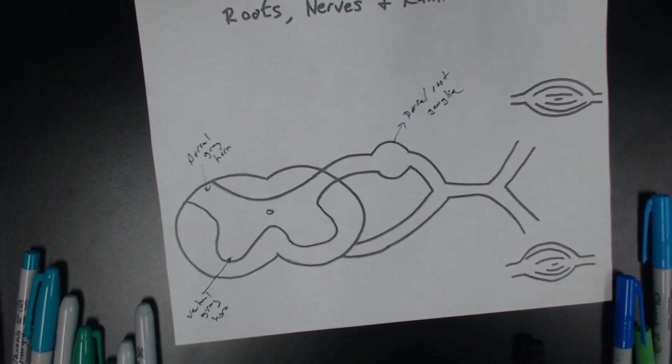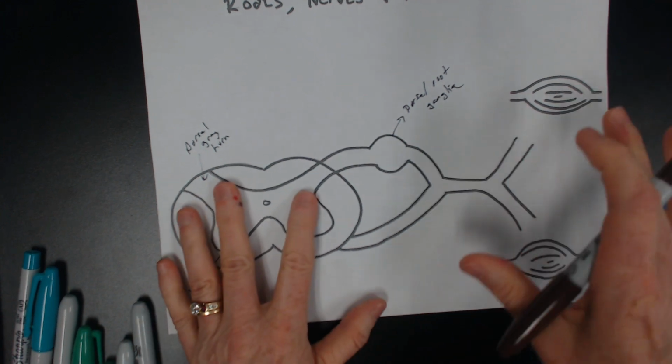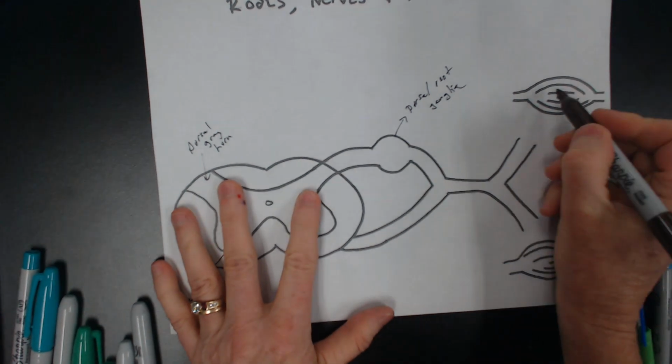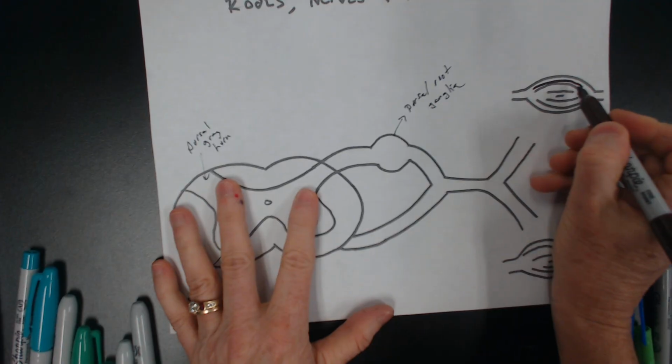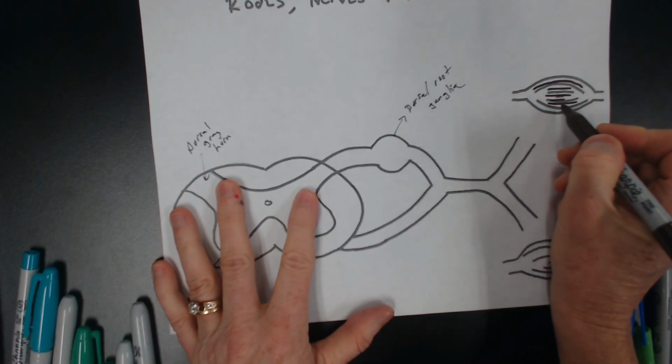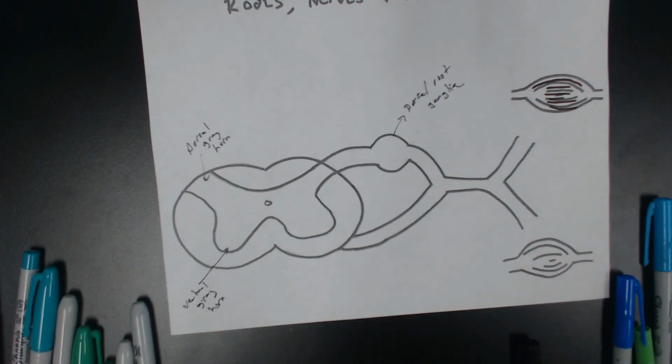Okay. And then over here, on the right-hand side, these are my renditions of muscles. Okay, this one up here on the top represents back muscles.